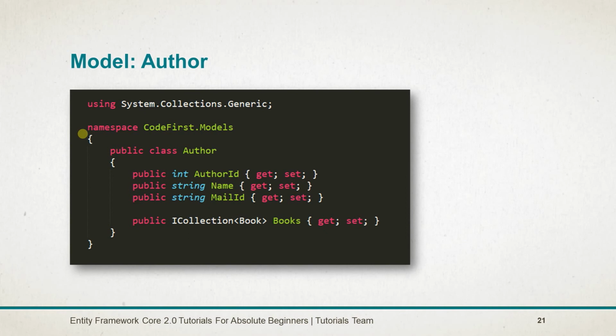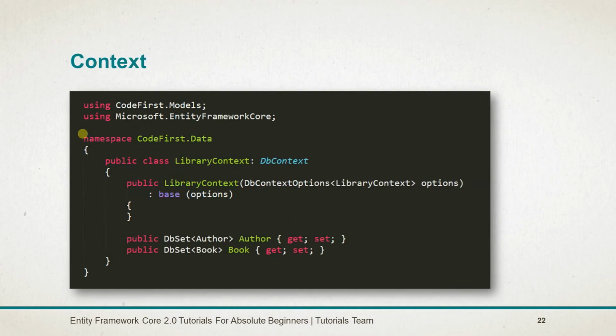ID and ClassNameID fields are used as a primary key for that table, which will be auto increment. Then we have created the context, which has the constructor that takes the DbContextOptions as a parameter and passes it to its parent constructor, and creates DbSet properties for both tables.